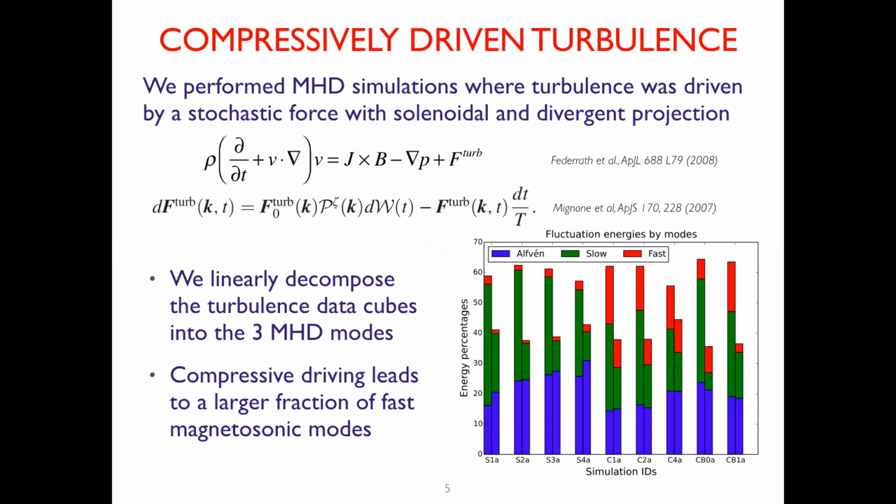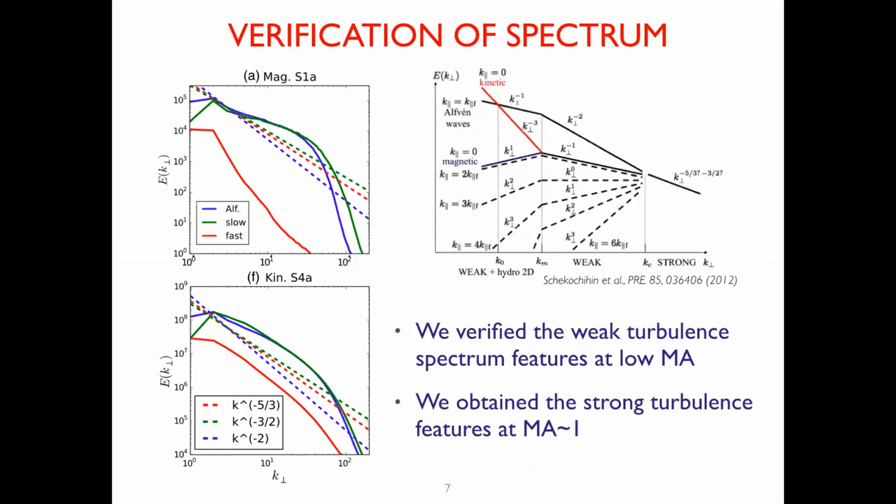Can you clarify, if you were to repeat this with some sort of resistive effects, to what length scales would it extend? Where would the dissipation scale be in your spectra? Much to the right, I suppose, right? It would be much to the right. Already the numerical dissipation is quite strong.